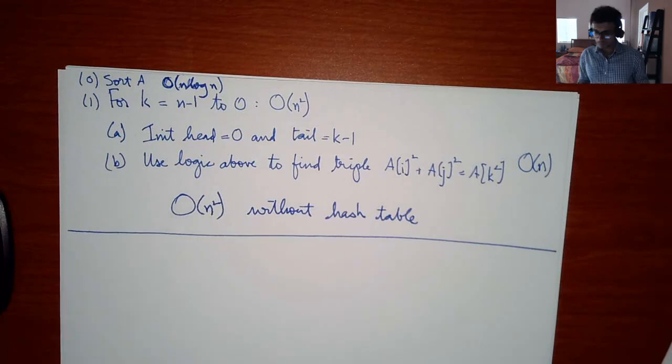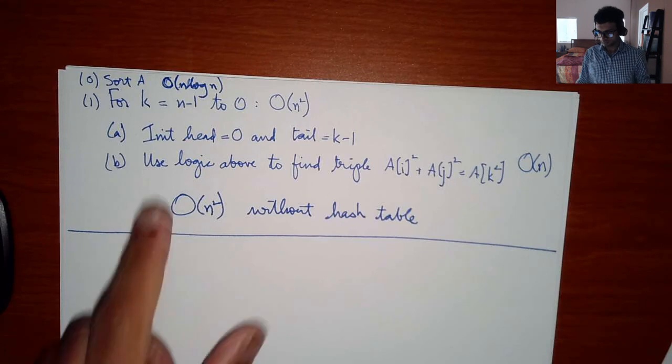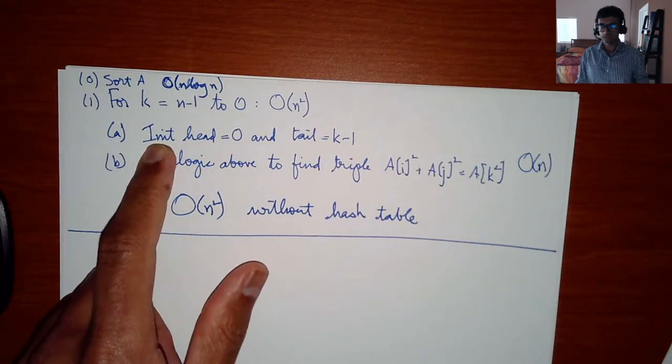In the next iteration, head goes back to 0, tail goes to k minus 1, and they continue to march towards each other, bump into each other, then you decrement k and reset the head and the tail. Okay. All right. That's why there's an initialize step here.